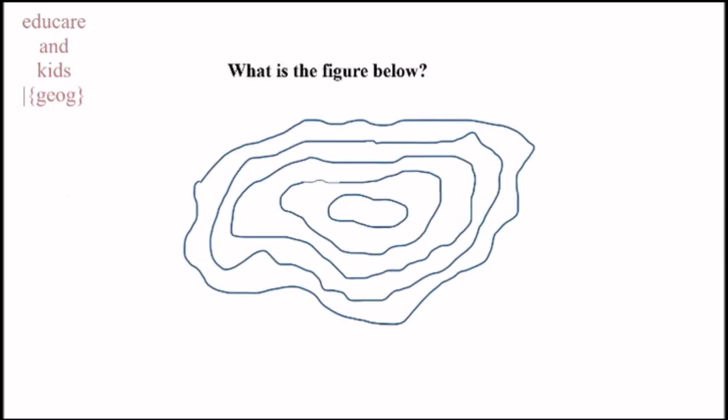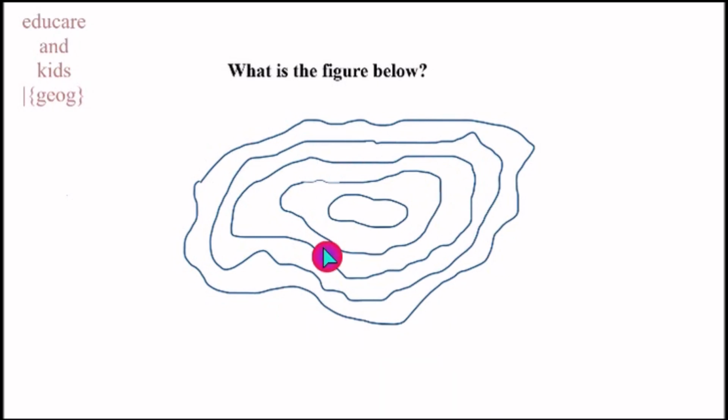Now, what figure is this? I know that those who have an idea of what a contour line is will say this is a contour line. But this figure is not a contour line. It is not a contour line because it has no calibration.